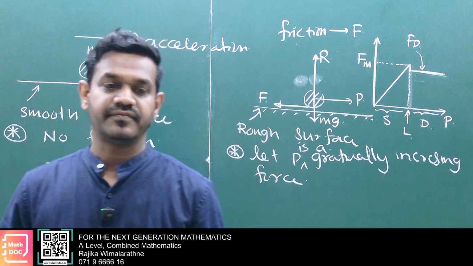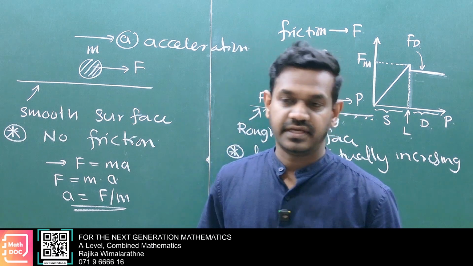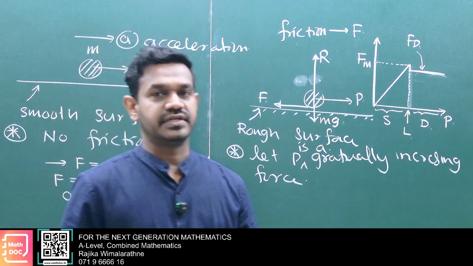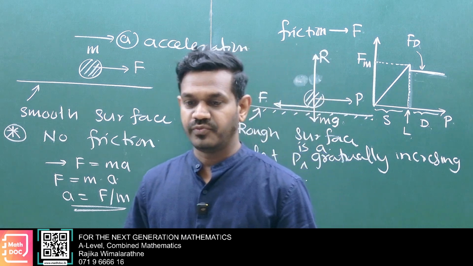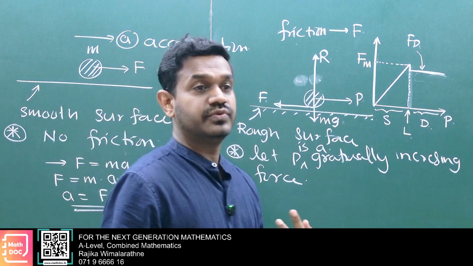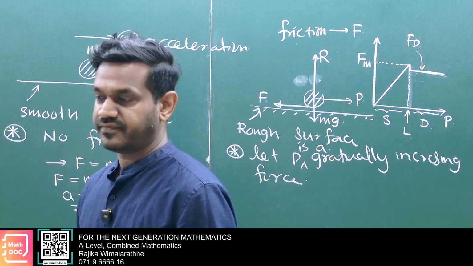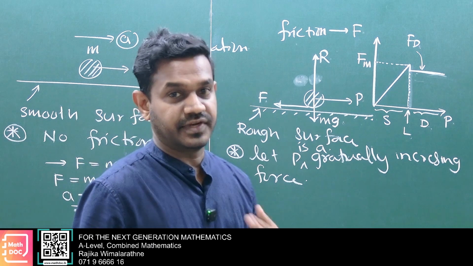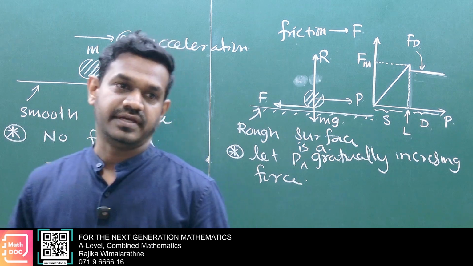Next line, star mark: when there is a relative motion or moving tendency between two rough surfaces, friction will appear.